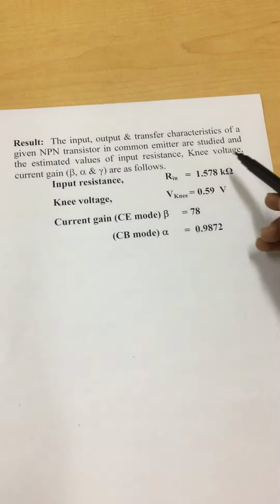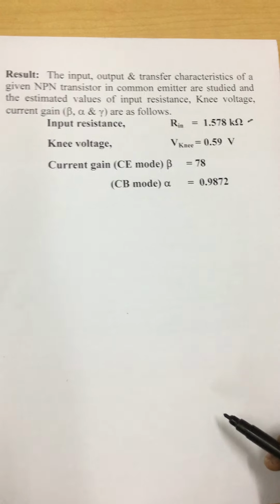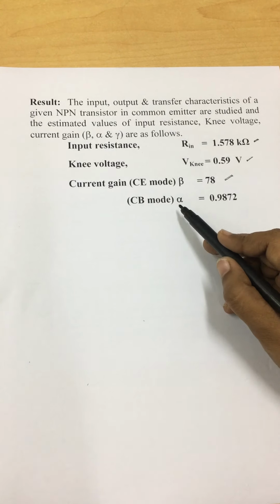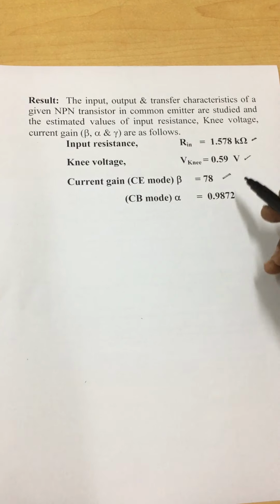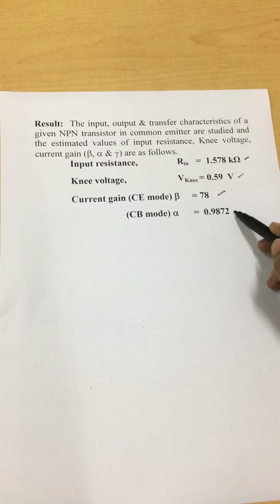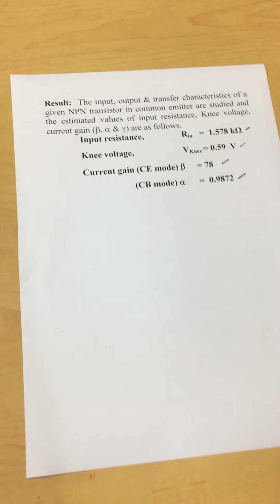The input resistance is 1.578 kilo ohm. The knee voltage is 0.59 volt from the graph. Current gain beta is around 78, and the current gain alpha in the CB mode, if I substitute to the formula alpha equal to beta over 1 plus beta, then alpha will be equal to 0.982.